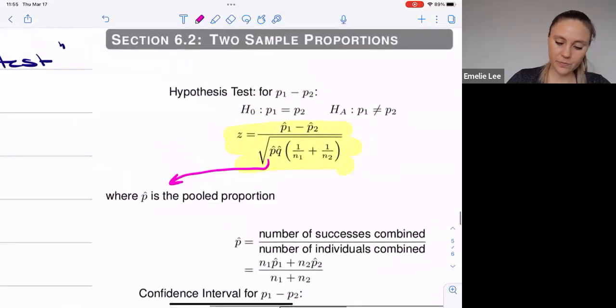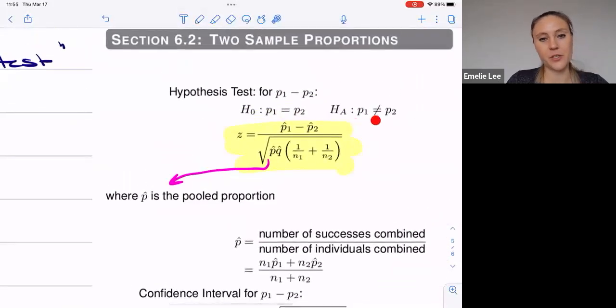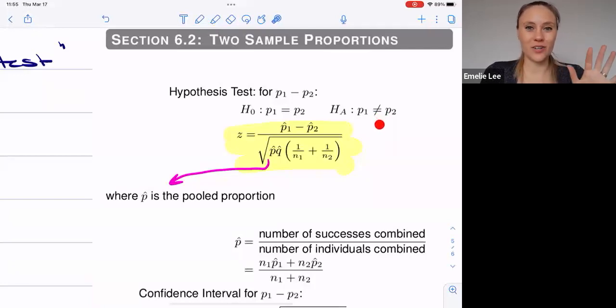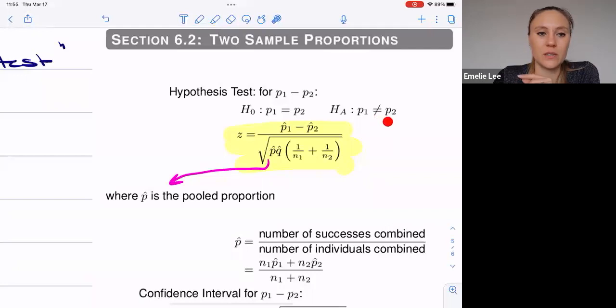So you've set up your null and alternative hypotheses, and if you're ever unsure, then the default is not equal to in your alternative hypothesis. You're going to run a two-sided test if you're ever unsure, because it guards against both. You don't want to be swayed one way or another if you're not sure which way it should be going.